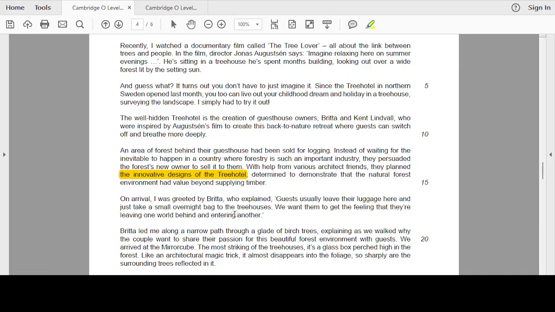Yeah. So what part of line 19? The whole thing? Britta led me along a narrow path through a glade of birch trees, explaining as we walked why the couple want to share their passion for this beautiful forest environment with guests. Okay, I'll highlight that, all of this.